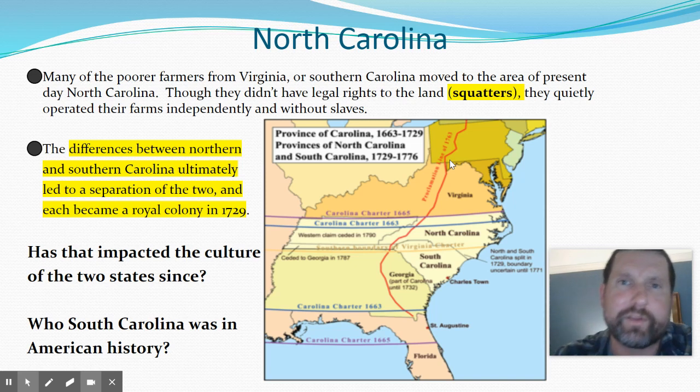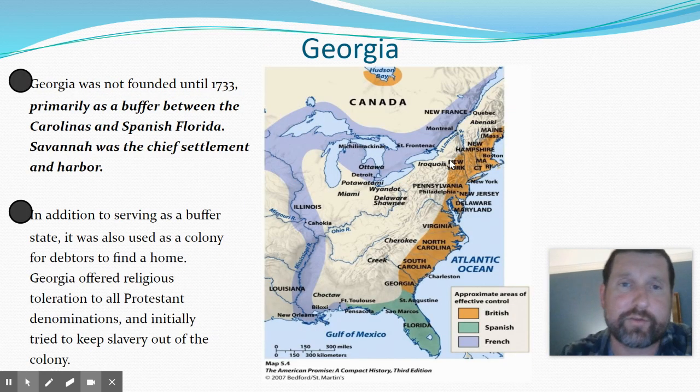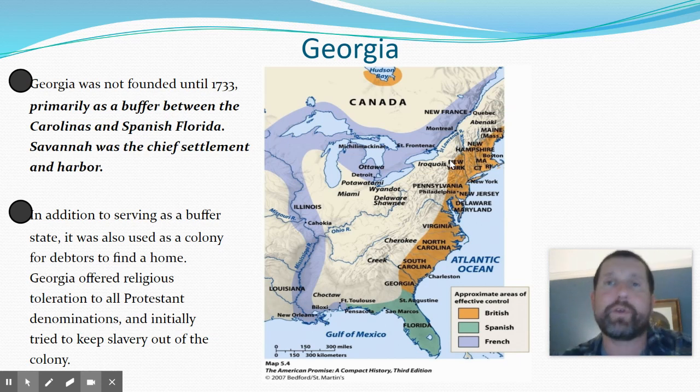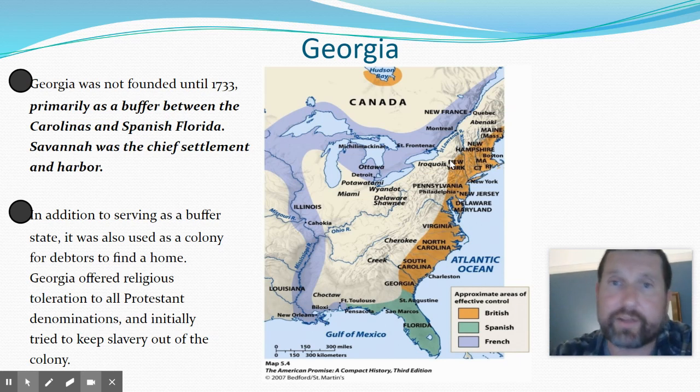And I just want you to consider maybe how the early roots contribute to what we will later see in history. Georgia, as I mentioned earlier, is a debtor's colony, primarily founded to be a buffer between Spanish Florida and these English colonies being established. Savannah is the oldest city, the chief settlement, and if anyone's been to Savannah, it's got tremendous history.